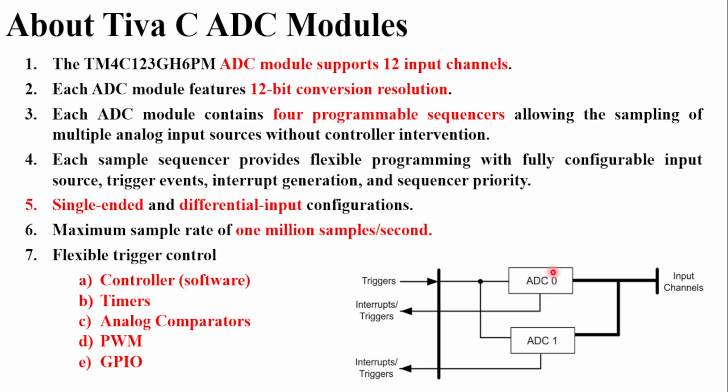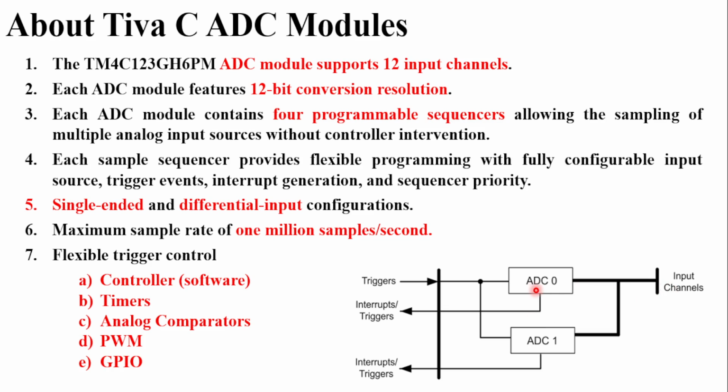Now coming to the structure of the ADCs available. So there are 2 ADC modules, ADC 0 and ADC 1. Each supports all these features which are listed above. So we can provide the trigger to start the ADC 0 or ADC 1.